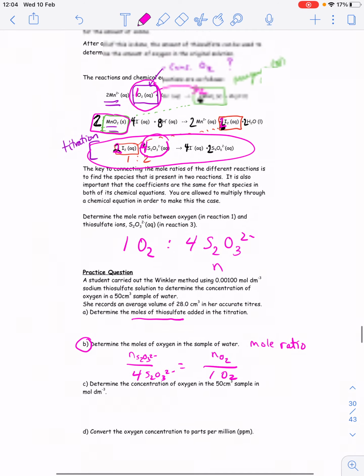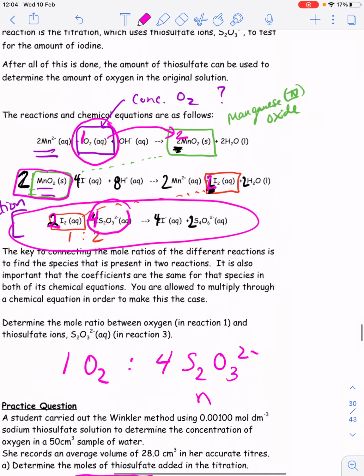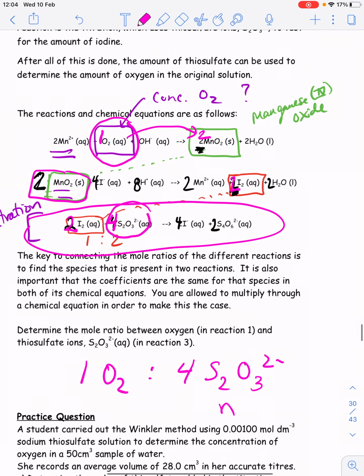So when you have multiple chemical equations and you need to find out about something in the first equation, using something in the last equation, you have to find the chemicals that link them. So in this case, we had iodine linked the third and the second equation, and MnO2 linked the second and the first equation.